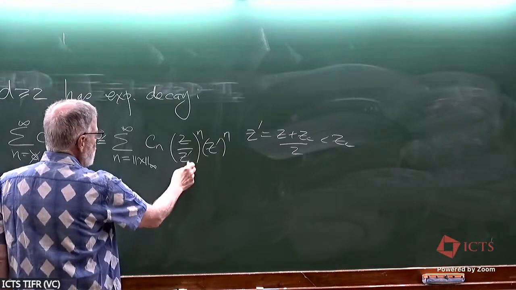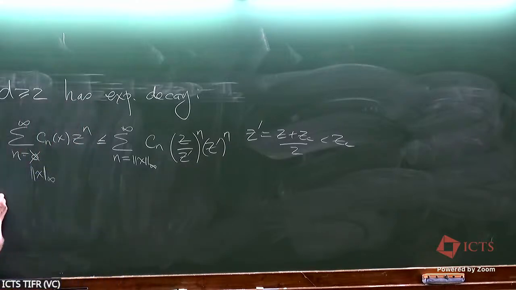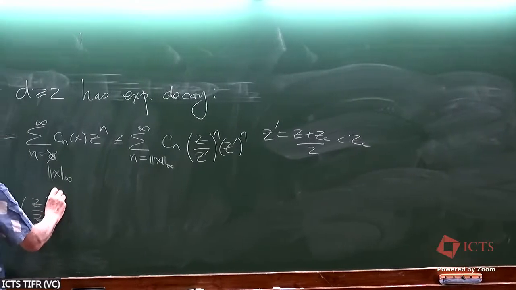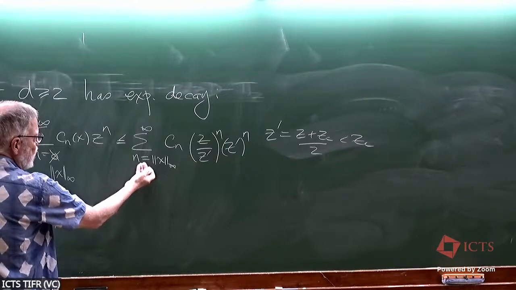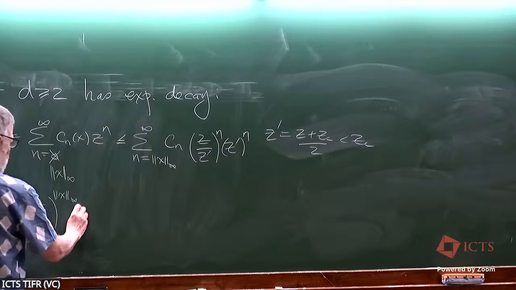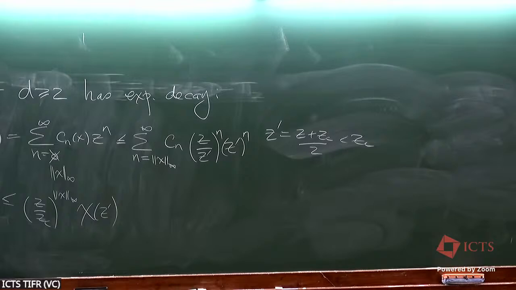Now this z over z prime is less than 1. And I'm just going to take out the biggest factor that it can be. And then after I've done that, I'll relax the sum over n to go all the way from 0 to infinity, and then I'll just have chi of z prime, the susceptibility, the generating function for the sequence c_n.